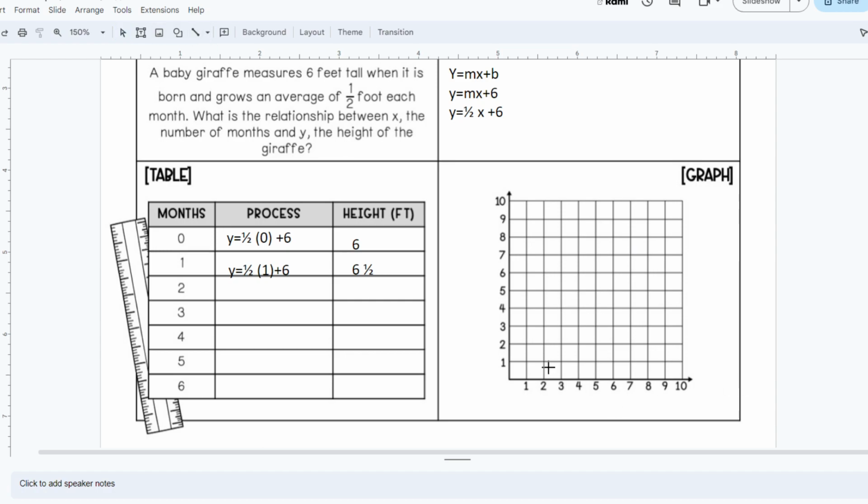Now this graph says it's going to start at 6, and it's going to go up 1 and over 2, because it wants to grow half every month.